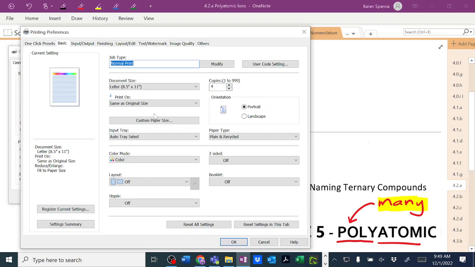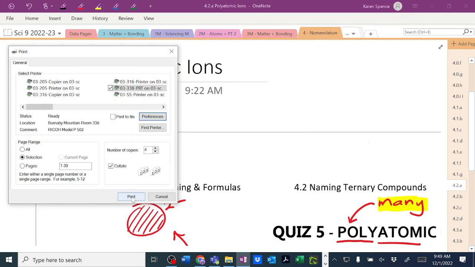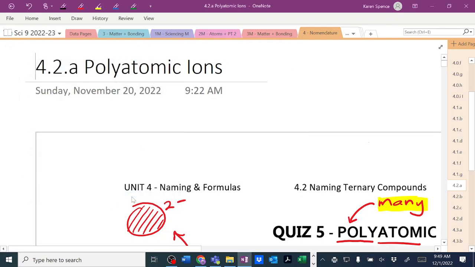I'm just printing out the notes. I want it 2 on 1, two-sided. Okay.